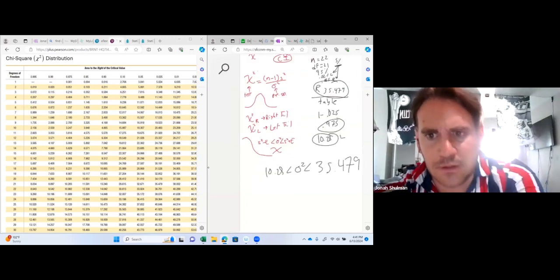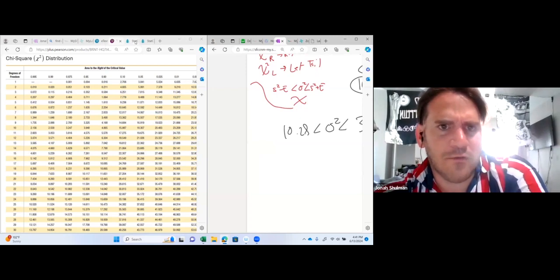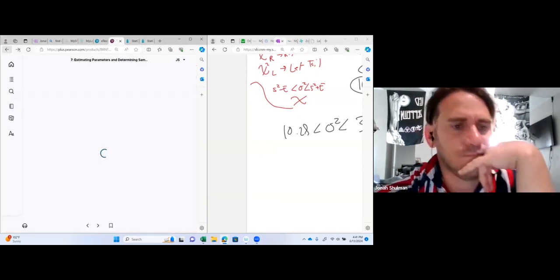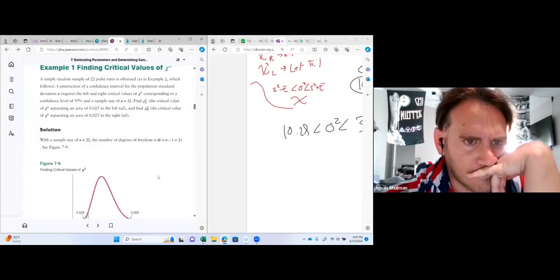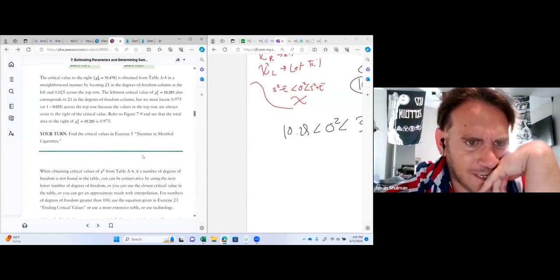Cool. All right. So we got our critical values. I mean, our confidence interval based on that. With the sample size of 22, ta-da, we got it.